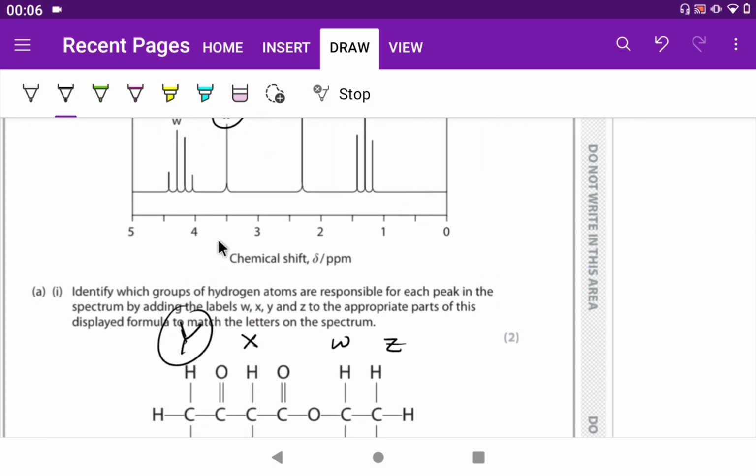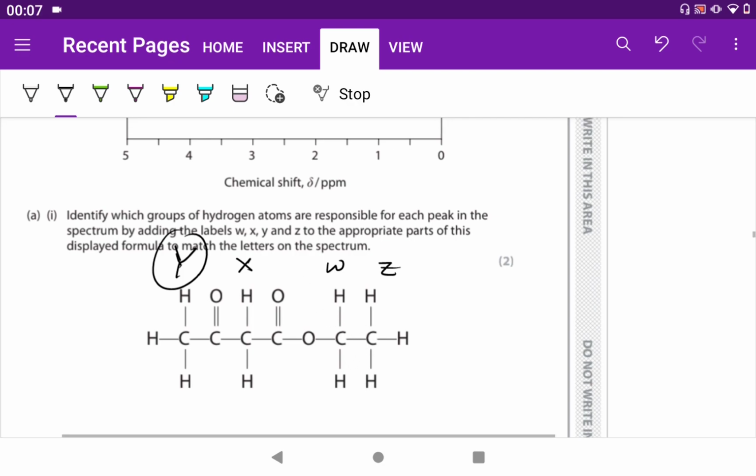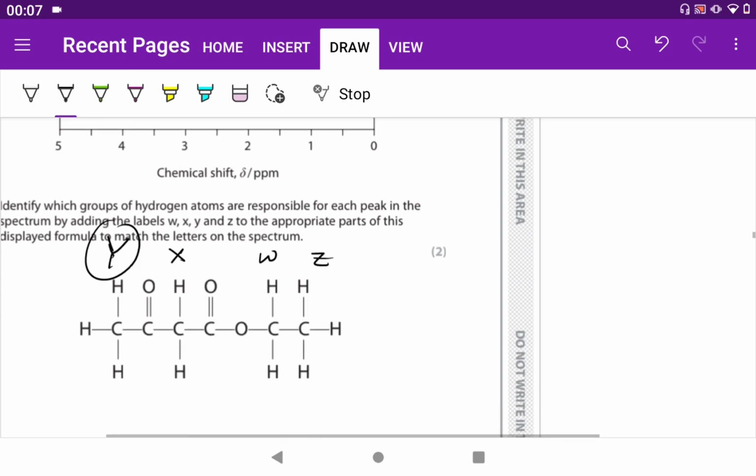In the case of W, there are three more peaks, 1, 2, 3, because it has three neighbor hydrogens. In the case of Z, it has two extra peaks, because of these two hydrogens. So the labels are: this one is Y, this one is X, this one is W, and this one is Z.